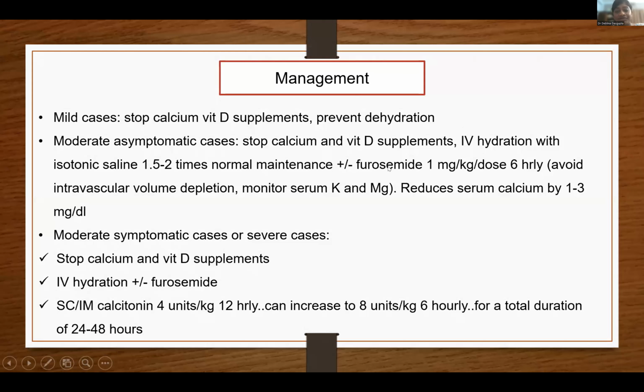I may add furosemide to that, 1 mg per kg per dose 6 hourly. But whenever you're adding furosemide, be very careful. You should not cause intravascular volume depletion, because that will again precipitate symptoms of hypercalcemia. And you should also monitor serum potassium and magnesium. And this maneuver helps to reduce the serum calcium by 1 to 3 mg per dl.